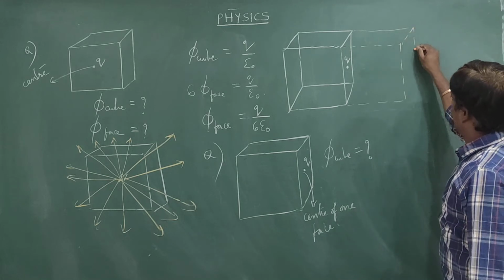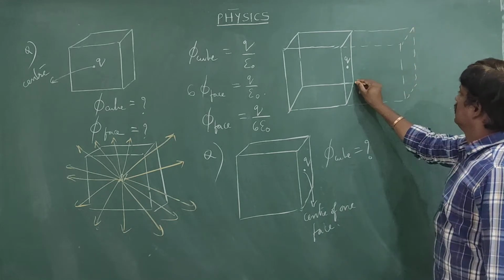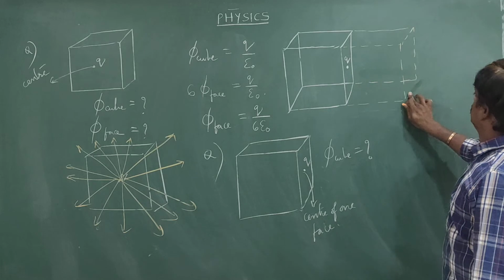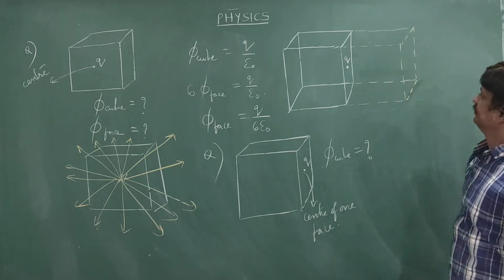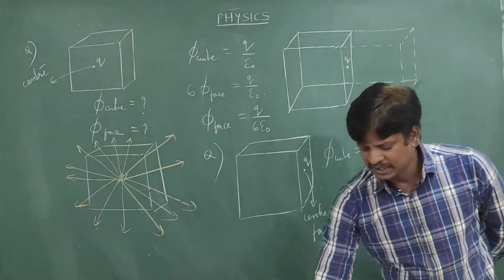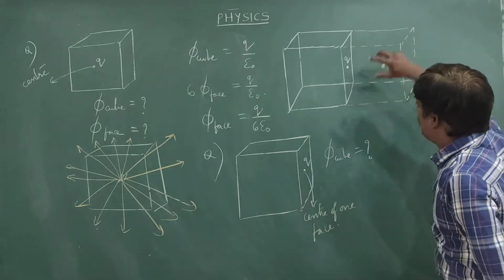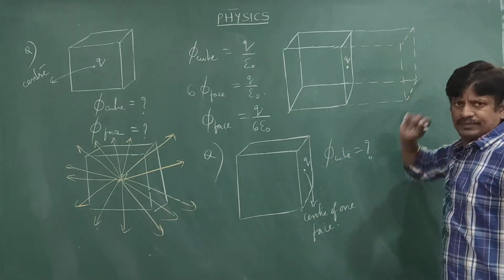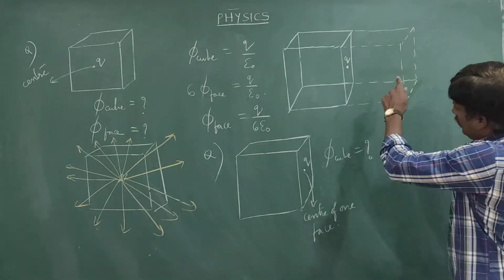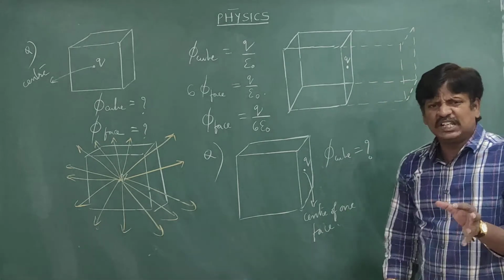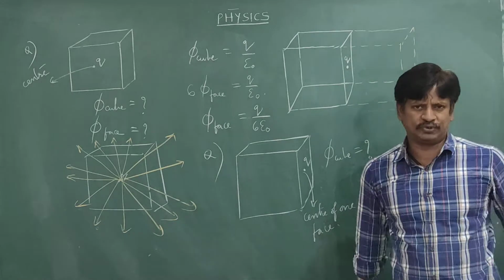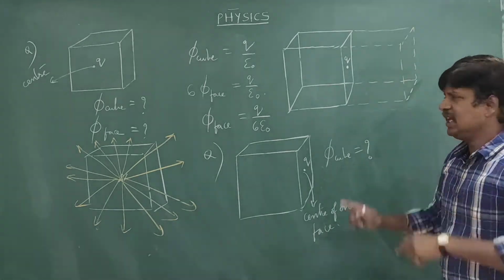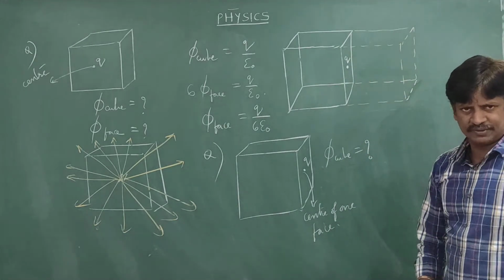Imagine another cube like this. So the charge is in, see, and we are imagining an identical surface like this. So the charge is exactly between two identical cubes. The charge is inside the closed surface.